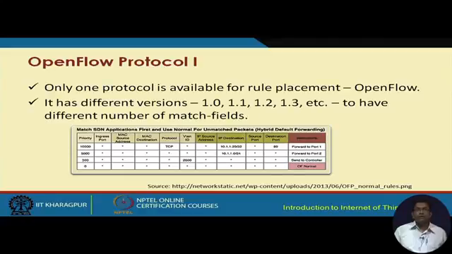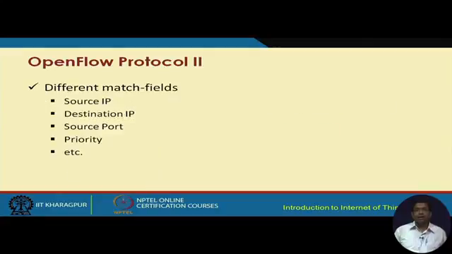OpenFlow versions have different numbers of matching fields, but in a particular version these fields are fixed. There are different matching fields: source IP, destination IP, source port, priority, etc., and as I already mentioned, these fields are fixed in a particular version of OpenFlow.